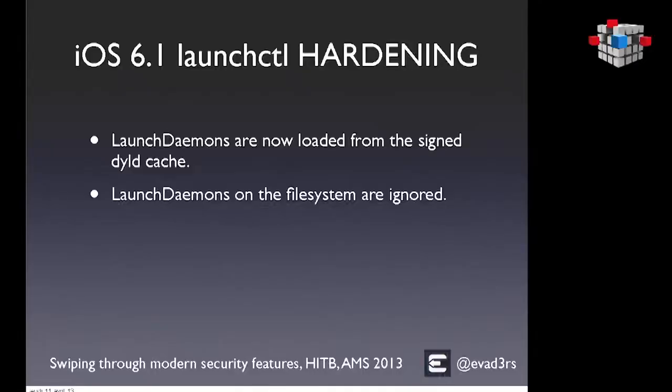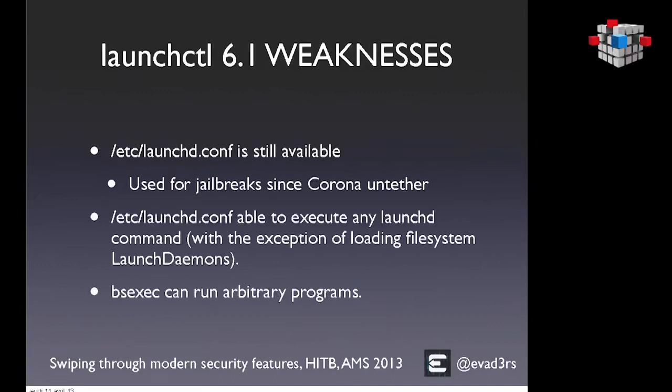It used to be that these daemons were configured from a series of configuration files on the file system. Now they're loaded from a signed cache, and the launch daemon configuration files on the file system are ignored. However, in this hardening, the launchd.conf configuration file is still available.